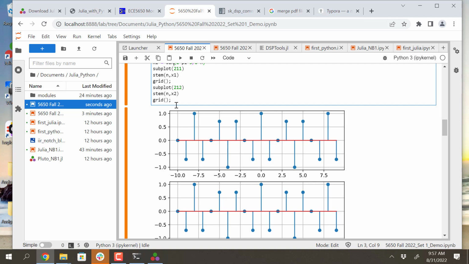Sine is an odd function, right? So one of them is going to be flipped relative to the other, because sine of minus 3 and sine of 3, which is what we reduced it down to modulo 2 pi, would be opposite in sign.